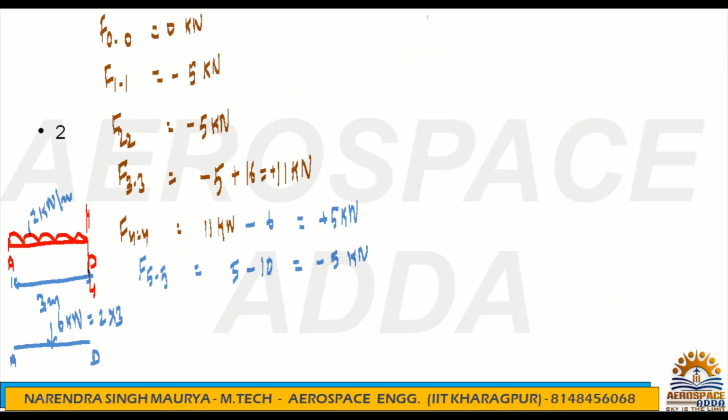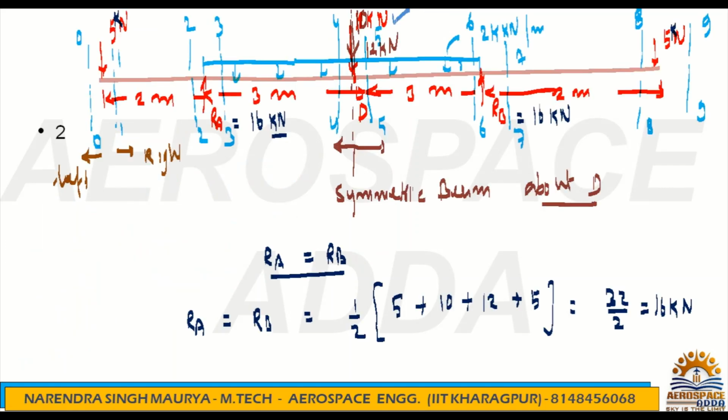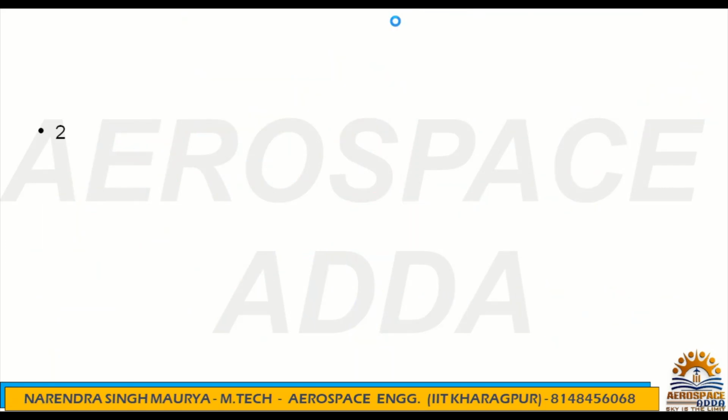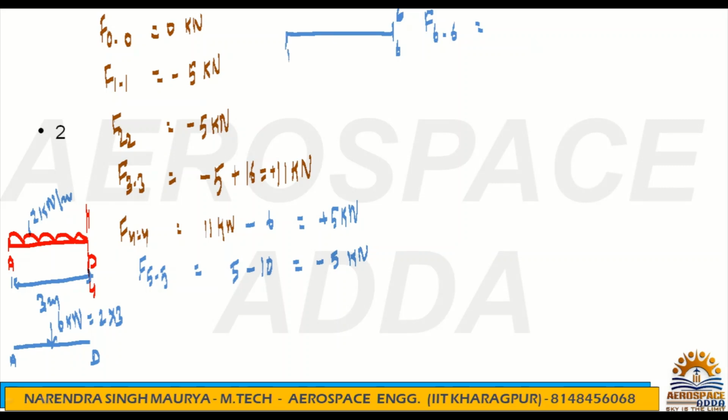Then we'll talk about F66. Now if you talk about F66, again, as I told you, here also we have the beam. Obviously this point is nothing but B, and between D to B, this is D and this point is B. In between this we have UDL, 2 kilonewton per meter.